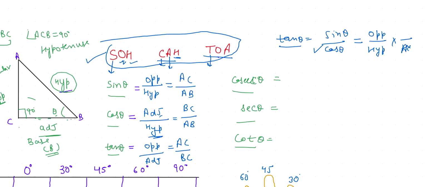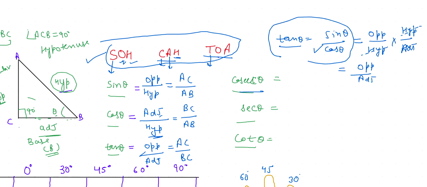Just cancel these two hypotenuse terms, and the remainder is opposite upon adjacent side. So these two are similar. It also represents the relationship between these three. Clear?